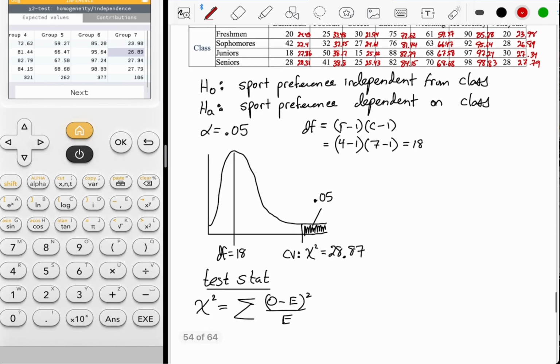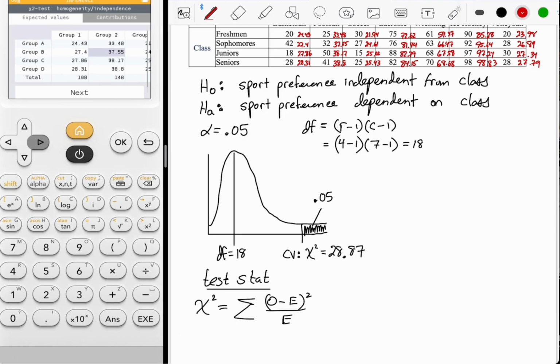But what we're going to do is, like I said, we're going to do 1, 2, skip a few. So again, it's observed minus expected squared over expected for each cell. So 20 minus 24.43 squared over 24.43 plus 25, I'm just going across the rows, 25 minus 33.48 squared over 33.48.